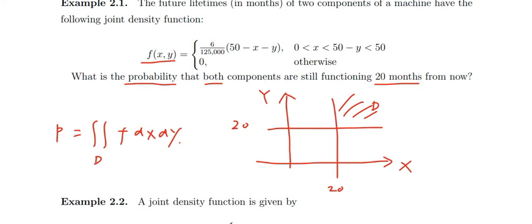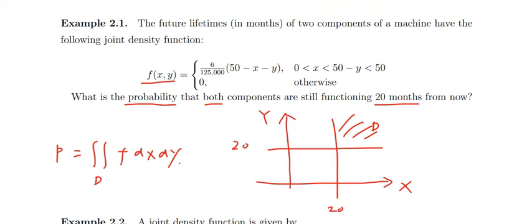We just need to find this D. Let's say x plus y equals 50, and also x larger than 20, y larger than 20. So just this triangle, right?